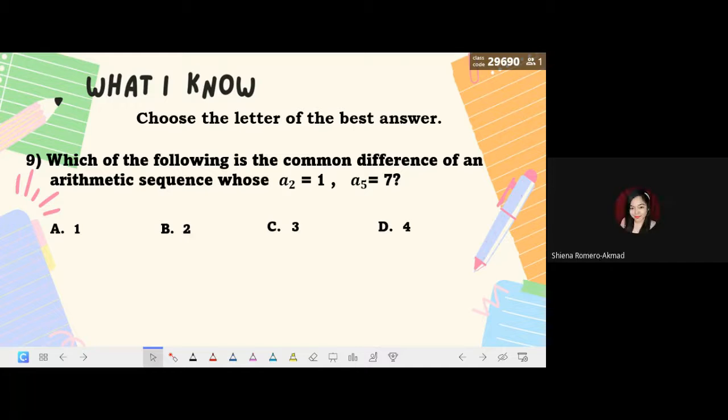Mahirap ba kunin yung common difference pag dalawang terms lang? Mahirap? Yes or no? Andyan pa ba sila? Sige nga, can you please all raise your hand para malaman ko kung sino yung nandyan pa, sino yung umalis na. Sige, keep raising your hands. Ayan, so nakikita ko may mga names na hindi nakakapag-raise ng hand.